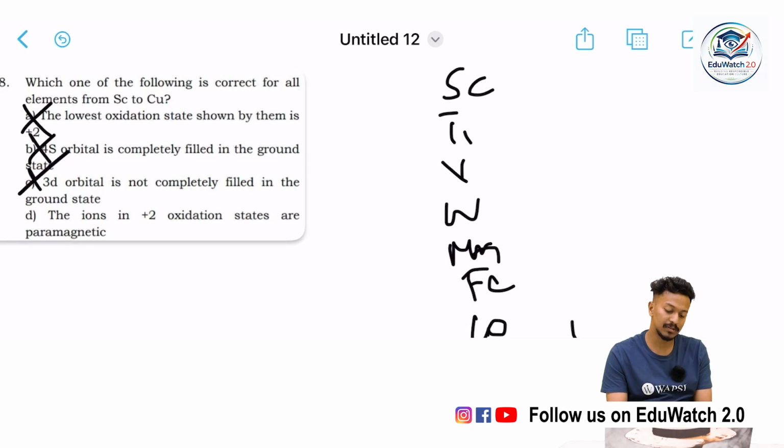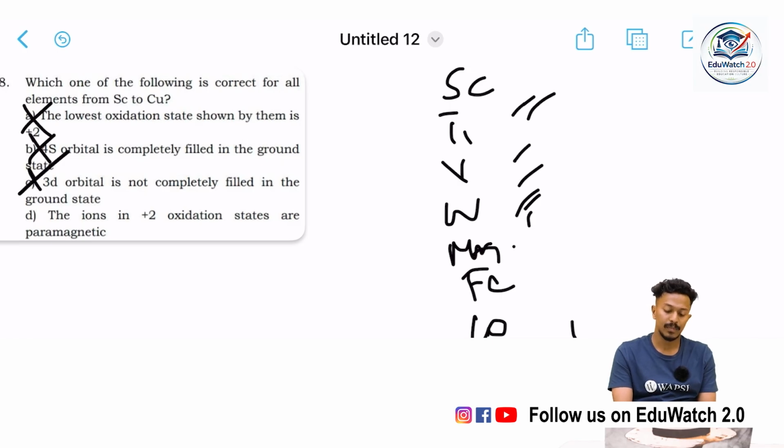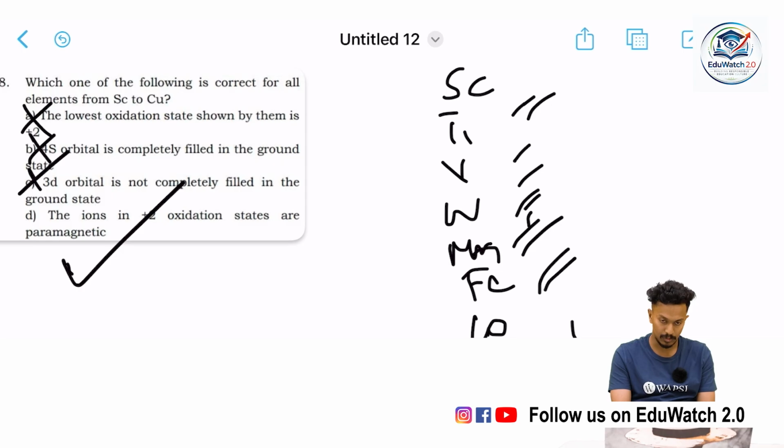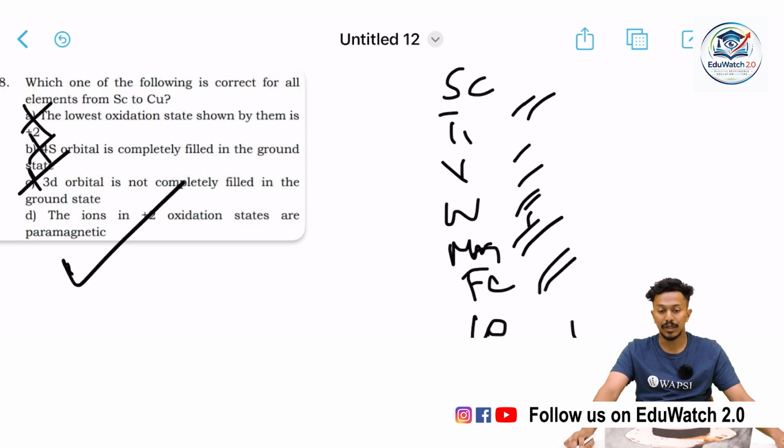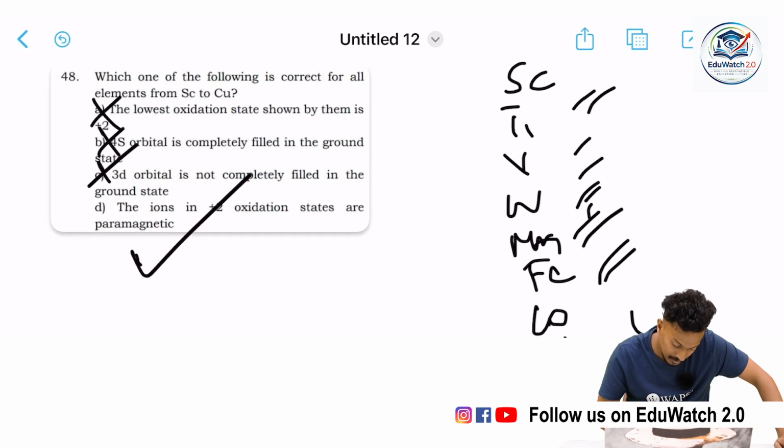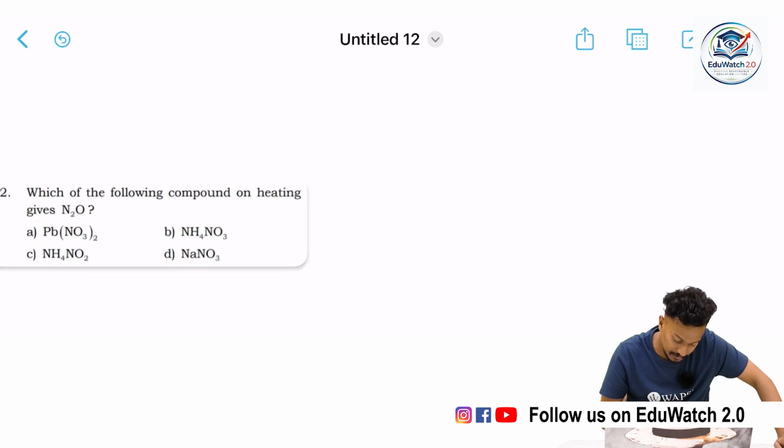Ions in the +2 oxidation states: scandium does have a paramagnetic structure, titanium is paramagnetic, vanadium is paramagnetic, chromium in the +2 oxidation state does as well, manganese also, and iron does. Basically the ions in the +2 oxidation state are paramagnetic. So the correct option would be option D.